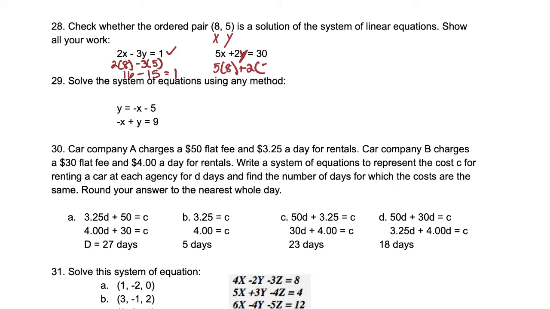Plus 2 times 5 is equal to 40 plus 10, or 50. So it doesn't look like it works for that one after I fix my typos. That's 40 plus 20. Yeah. So no, not a solution. And there's the work that shows it.